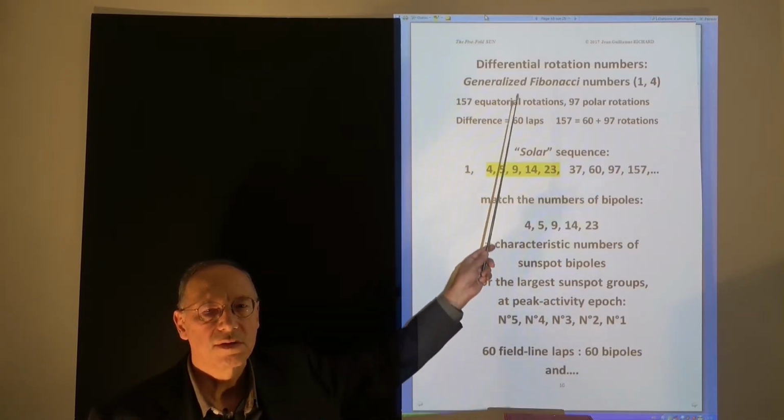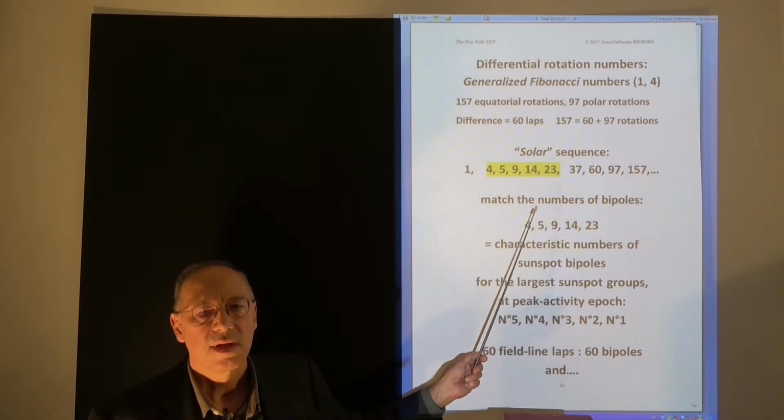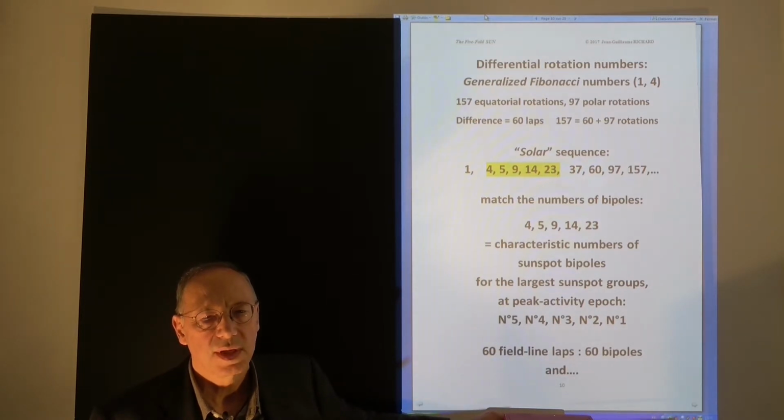The differential rotation numbers again are those, and they are also found in the numbers of bipoles in the main sunspot groups at peak activity epoch in the solar cycle.